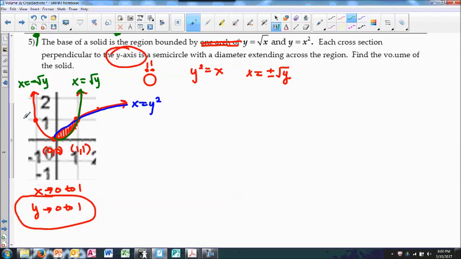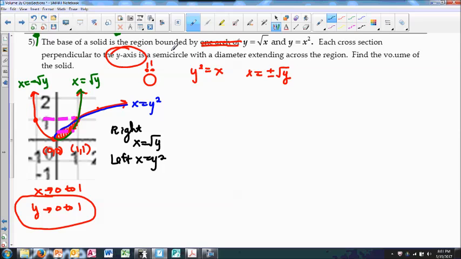So watch your quadrants. We are taking this with respect to y, so that means that we're going perpendicular to the y-axis this way. So we're going to get our right minus left. So the right-hand function is x equal to the square root of y, and the further left function is x equal to y squared.